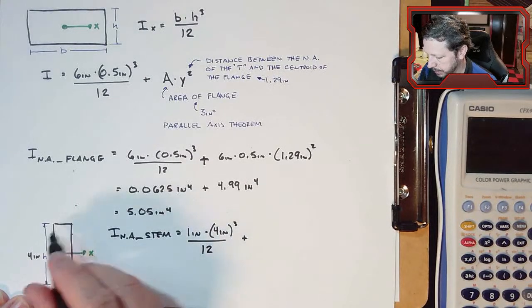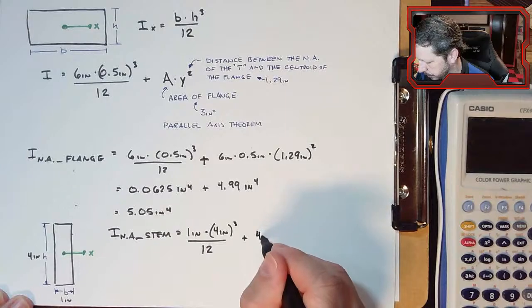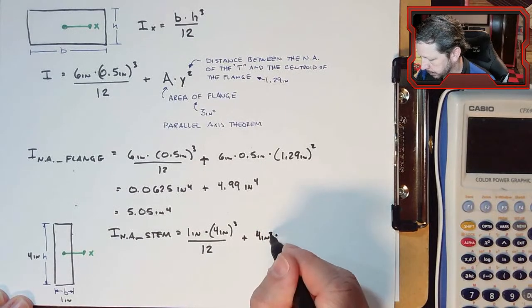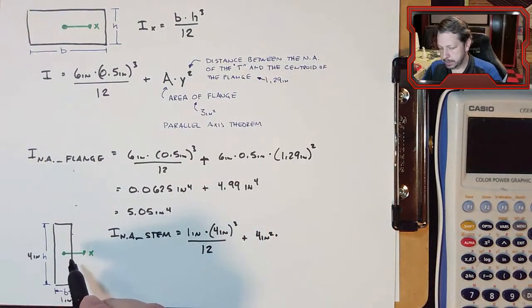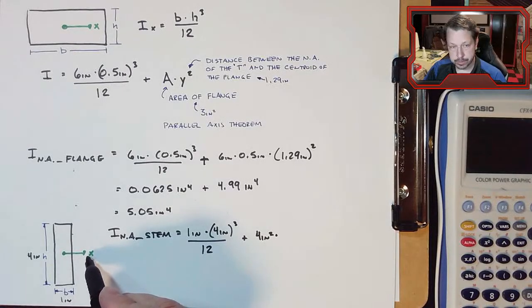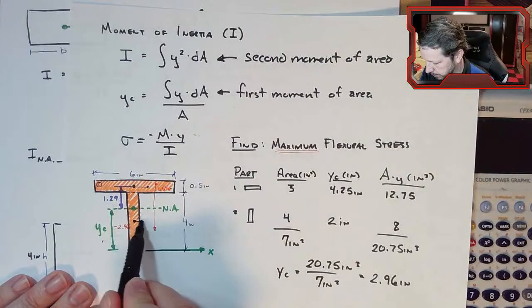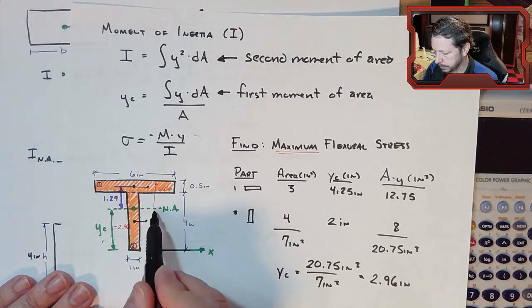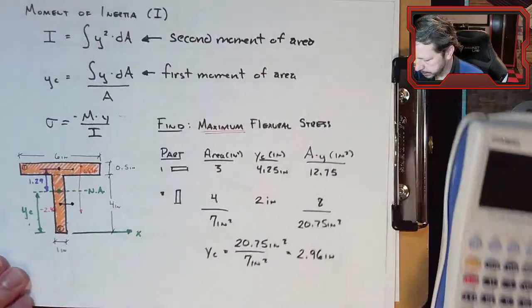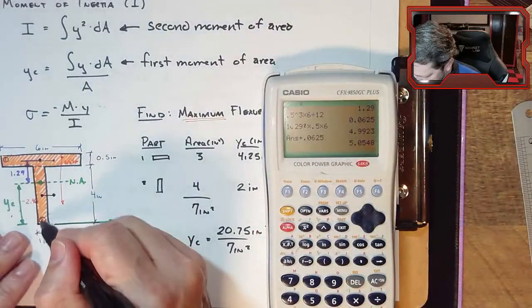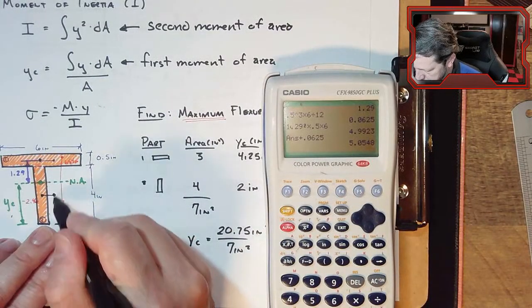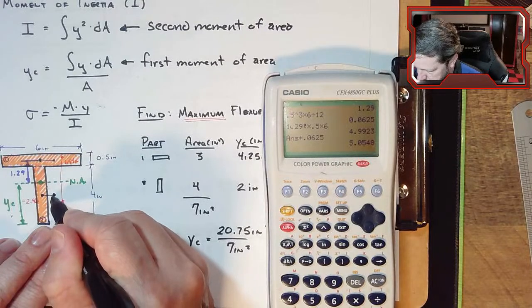Plus the area, 4 times 1, let's just put 4 inches squared, times the distance between the centroid for the stem, which is right here, and the neutral axis. That distance is going to be, well, it's 2.96 from the bottom up to the neutral axis, and it's 2 from the bottom up to here.